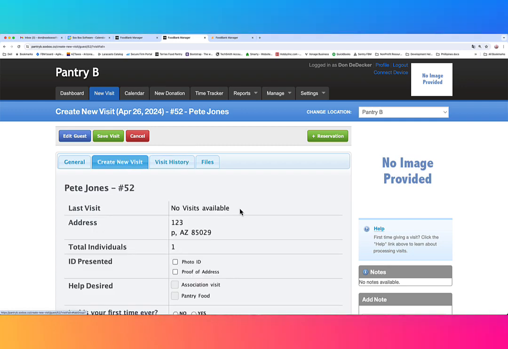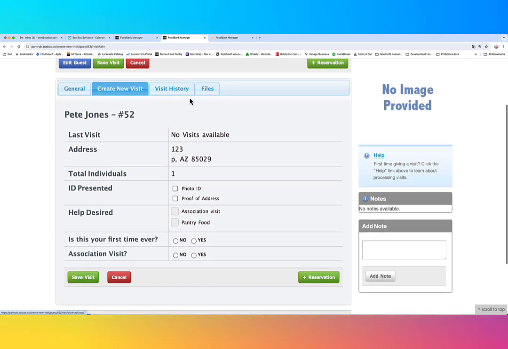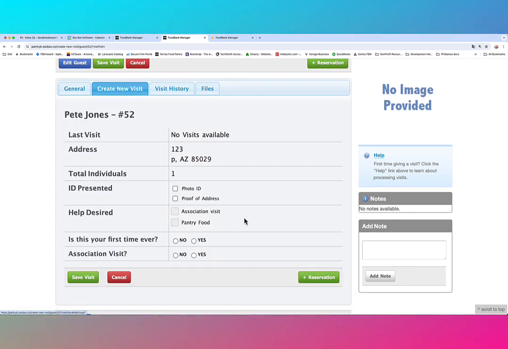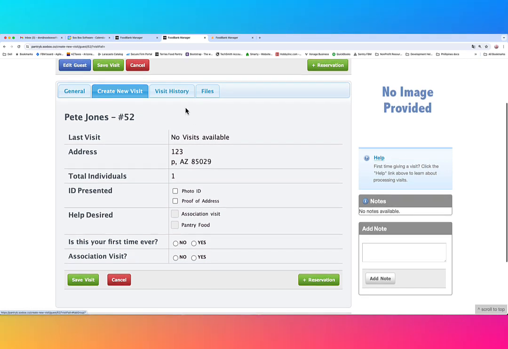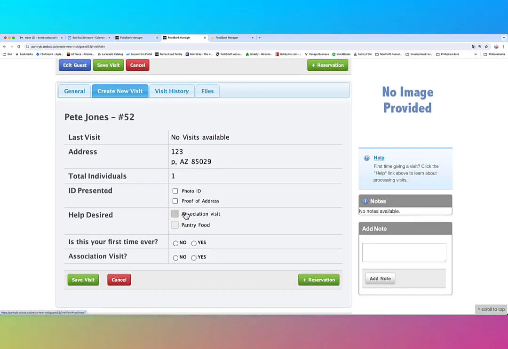Now, if we say, because remember, this one allows 2 a week, because 1 a week is taken, I can still give Pete a visit. Now, because it's not saying exceeded uses, because I've looked here that it is a Pantry A, I don't know, maybe I'd want to mark association visit too. That would be something your group has to decide.